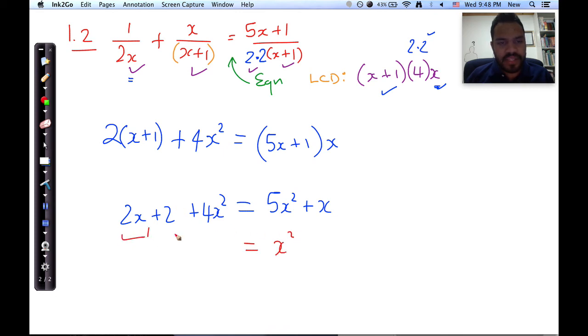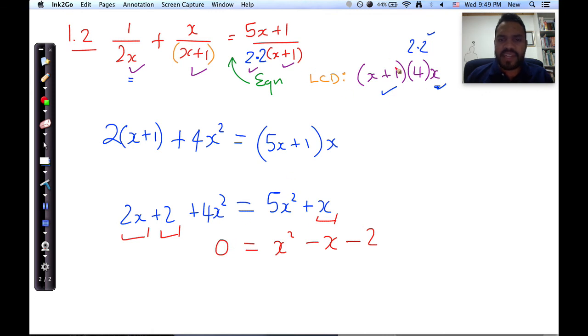This 2x I get rid of with this x, and that's going to give me the following: 1x left over here, which I take over, becomes negative x. And then finally, I'm left with this 2. It's on this side, so I'm going to take it over, it becomes negative 2, and then I'm left with the 0 over there.